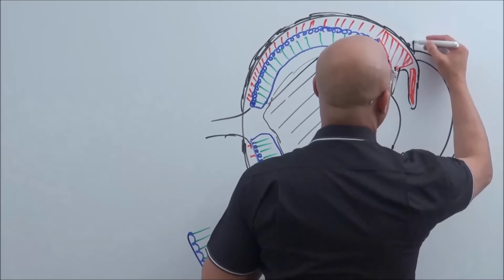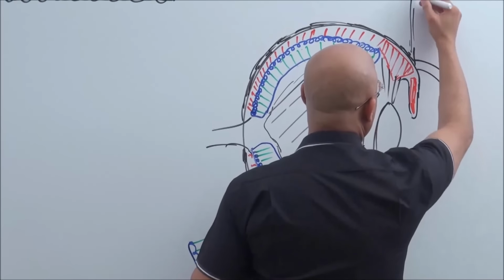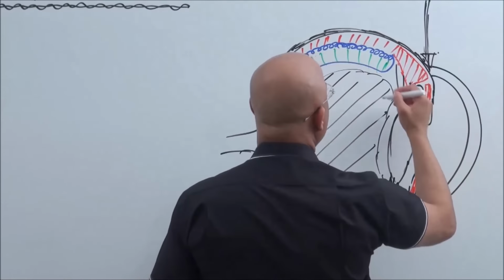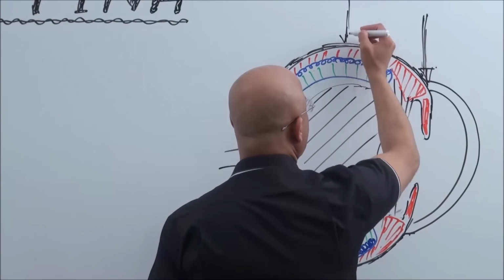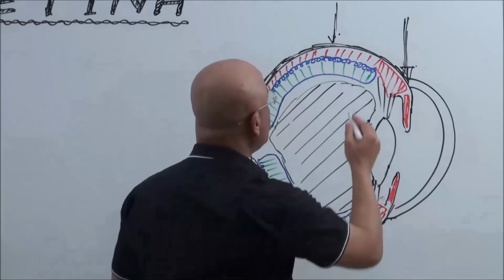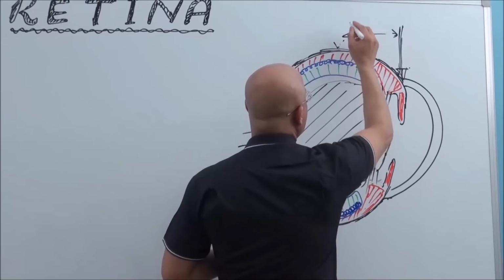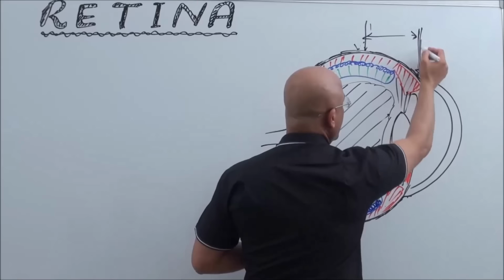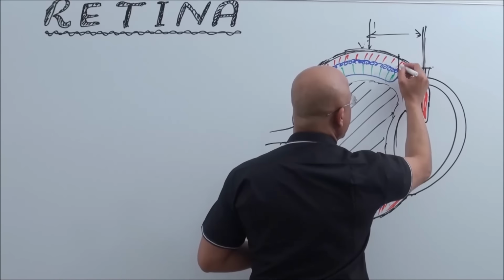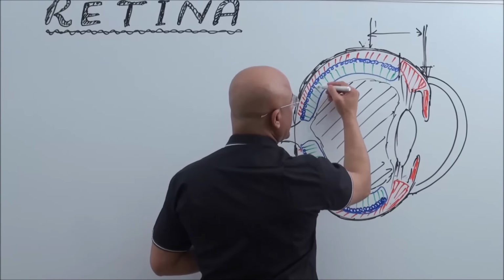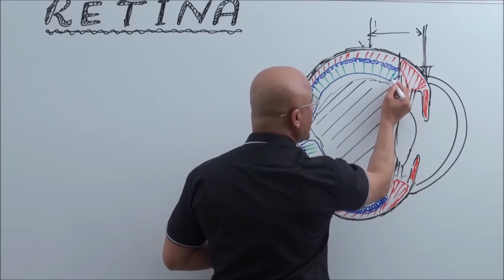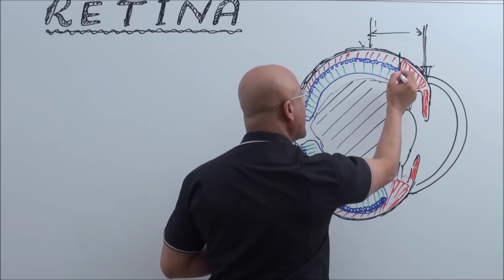What is this? Corneo-scleral junction, and this is the equator, right? Now, almost halfway between the equator and the corneo-scleral junction, this is the point where the retina, if you follow it forward, abruptly its light sensitive part terminates.